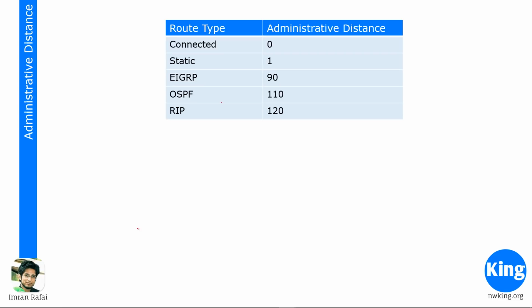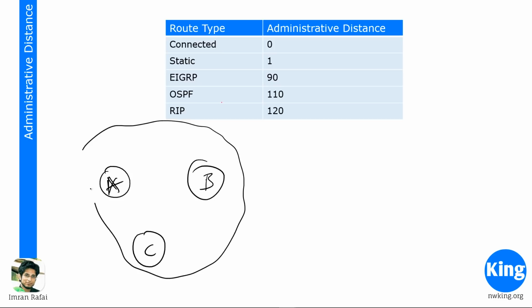But consider this. Now you have router A, router B, and router C, and this is your company, right? Now let's assume your company acquired another company. This happens; mergers and acquisitions keep happening in the real world.